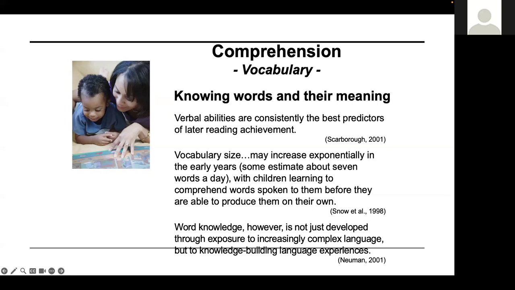Vocabulary is knowing words and their meanings, as we said. And these quotes here really talk about the importance of vocabulary development, what a huge predictor they are to children's success.